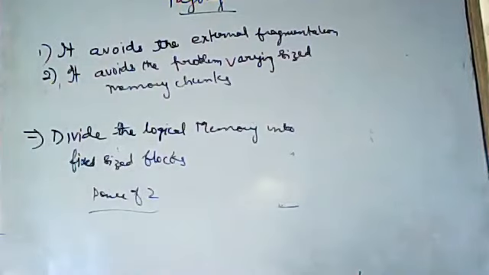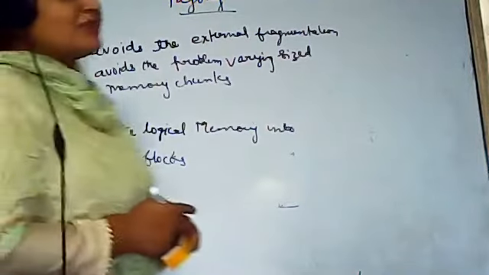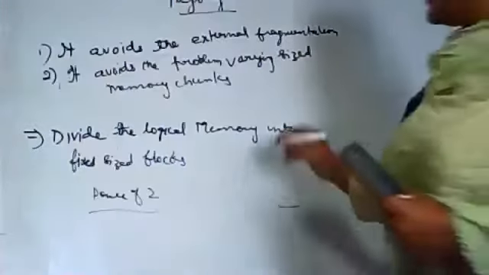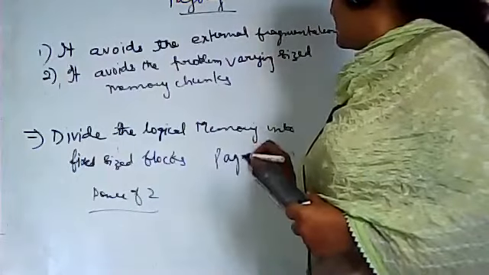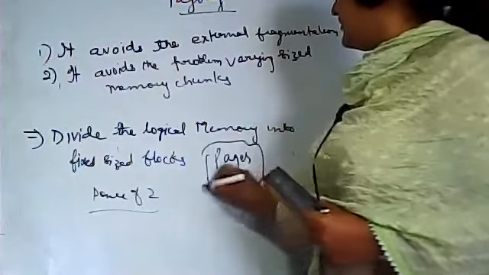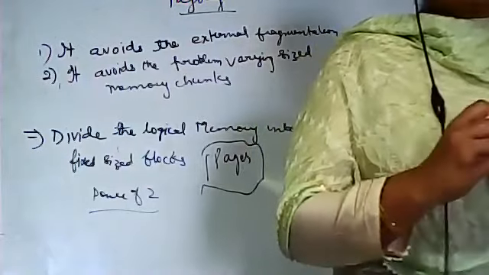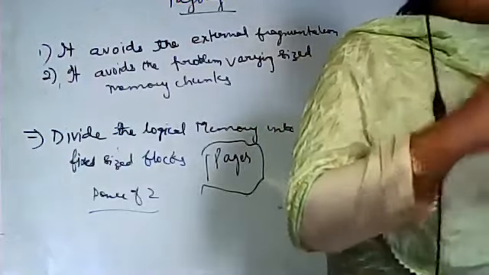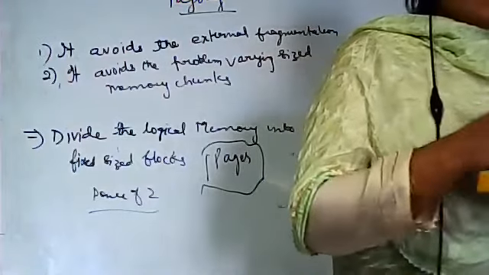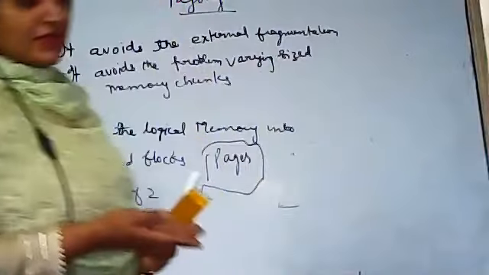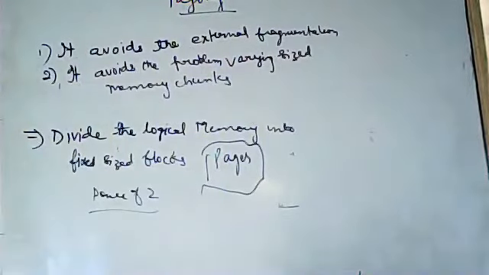That dividing of logical memory into fixed size blocks is called pages. The physical memory space divided into equal sizes is called frames, but the logical memory space in the form of same size blocks is called pages.